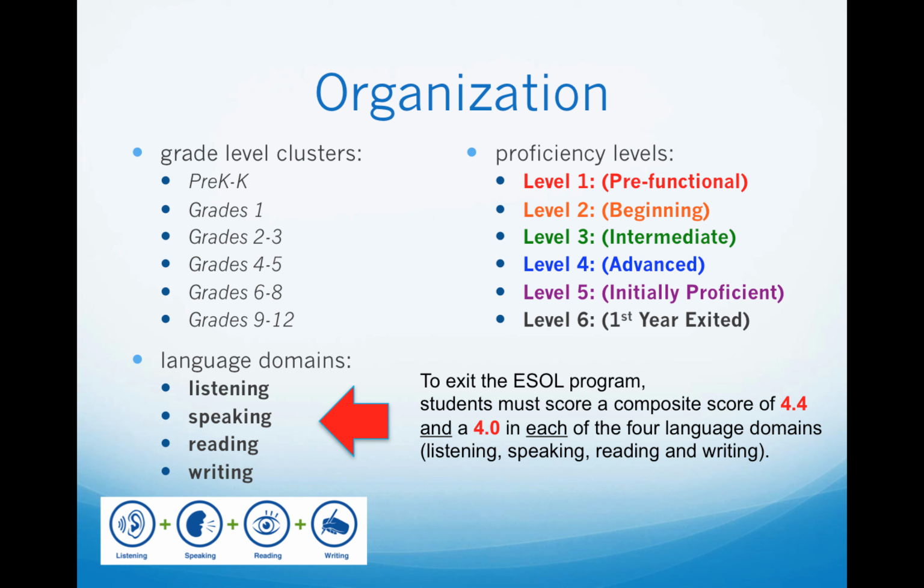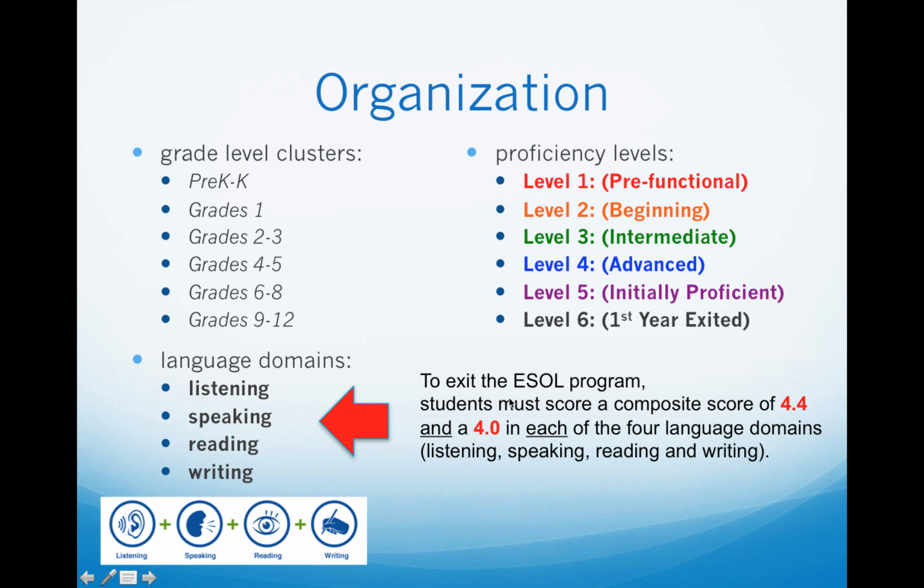And then they're given in each one of these areas a proficiency level of 1 pre-functional, 2 beginning, 3 intermediate, 4 advanced, 5 initially proficient, and level 6 is first year exited. But that's a little misleading because the rules have changed a little bit.